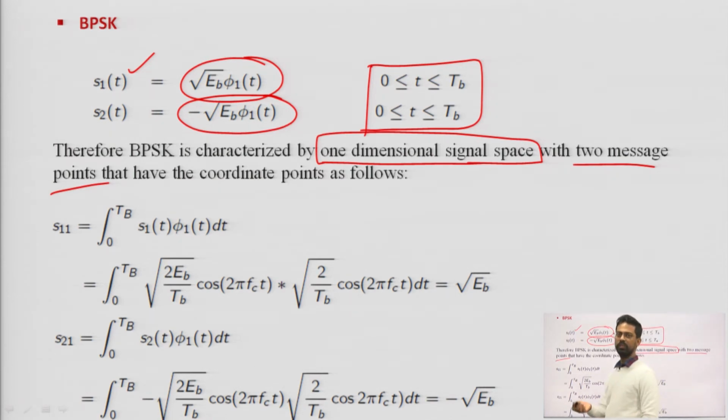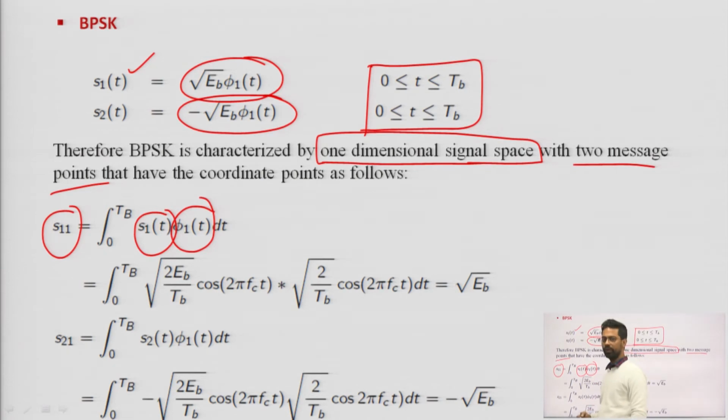We have already seen this in BASK and BFSK also, where we calculated the coordinate points. Here also we can calculate the coordinate points, that is S11, which is message point 1, bit 1, with your basis function phi 1(t).